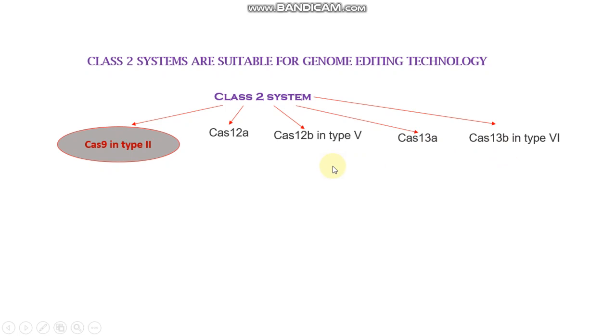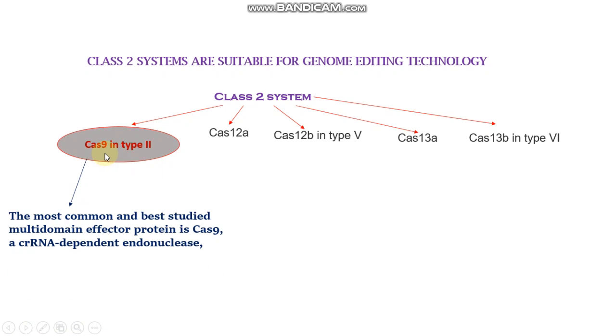These are different Cas proteins, and their characteristics are different, but the most commonly used Cas protein is Cas9. Cas9 is actually a CRISPR RNA-dependent endonuclease, and its main role is to cleave the foreign DNA.